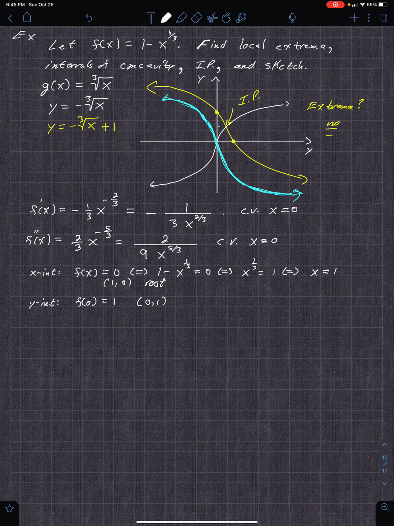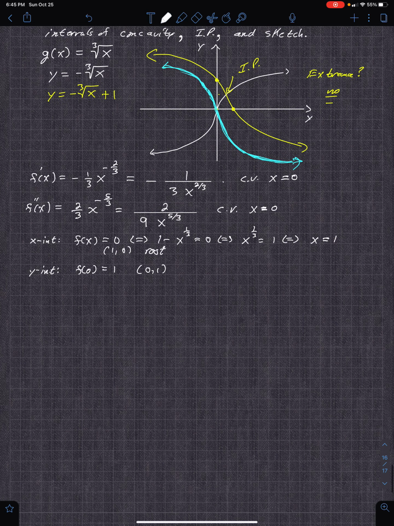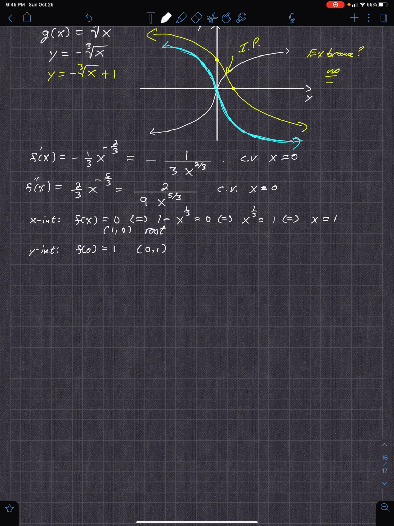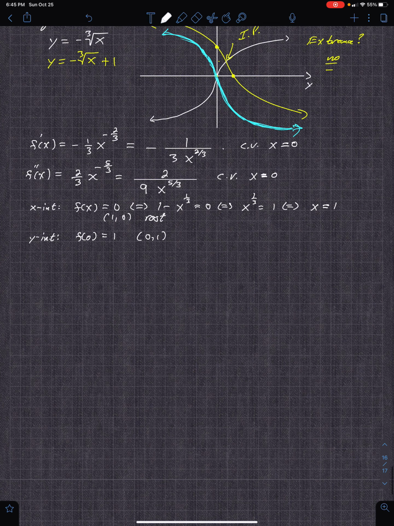So that means your f prime is always less than or equal to 0. So we can state that f prime of x is less than 0 for all x in R, excluding 0, of course, because it's not defined there.